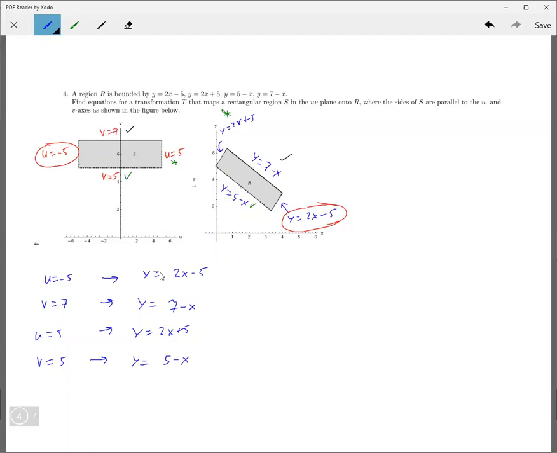Now, here's what you do. If you take this right here and manipulate it, bring this 2x over here, and do the same thing with all of them. I could have written that as x plus y, and then brought this over as x plus y equals 5.